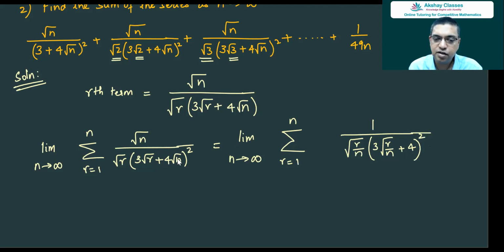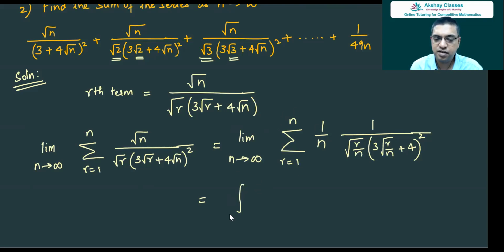I have taken under root n outside, so I'll have to divide this term by under root n, so that under root n whole square becomes 1 by n. So now I have got 1 by n f of r by n, this form. Because it is 1 by n f of r by n, it is an integral.